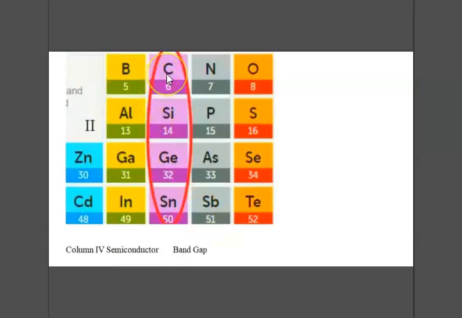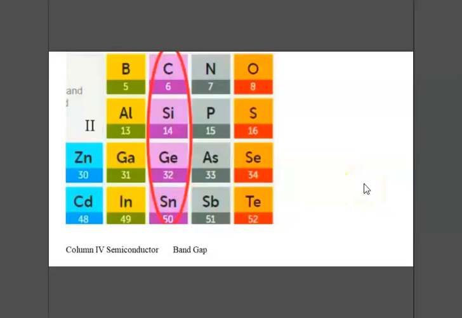Well, as we go down in the periodic table, the atoms get larger. Carbon has 6 electrons and 6 protons in the nucleus, silicon 14, germanium 32, and tin 50. So as we go down from row number 1 to row number 2, 3, 4, the atoms are getting bigger.